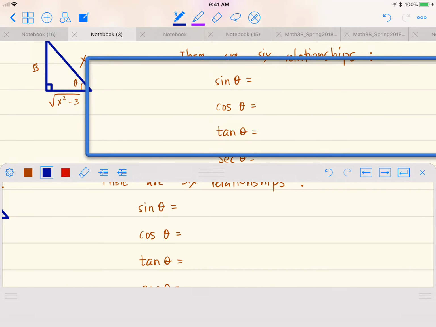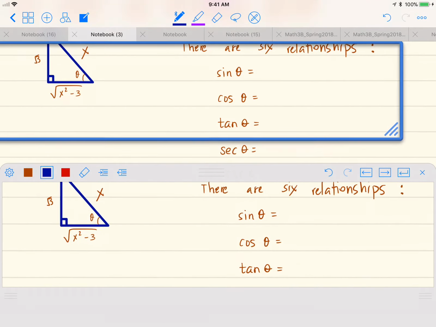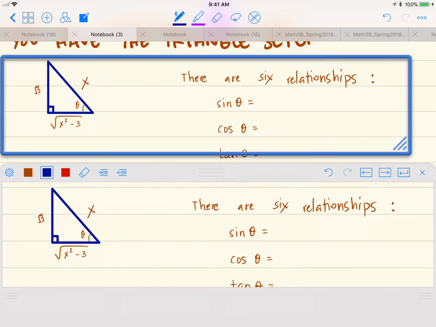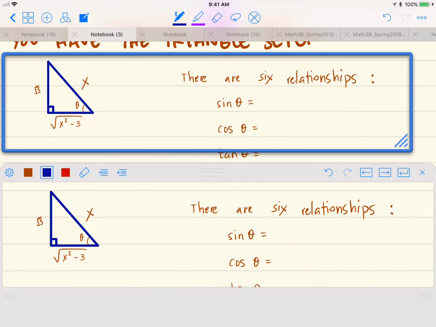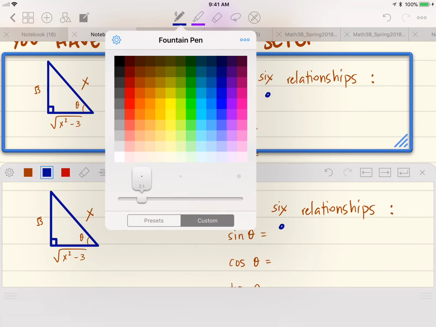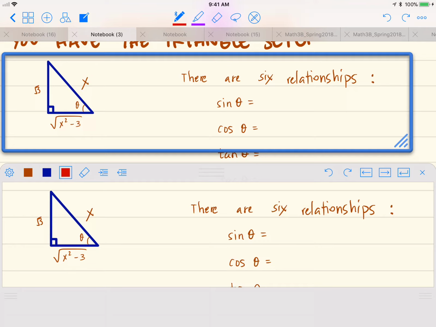But let's just go ahead and write down the relationships using the triangle. Sine of theta is opposite over hypotenuse, so that's going to be root 3 over x.